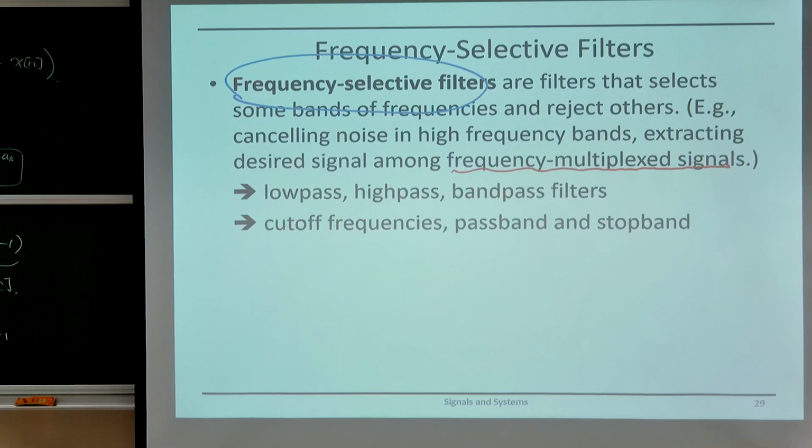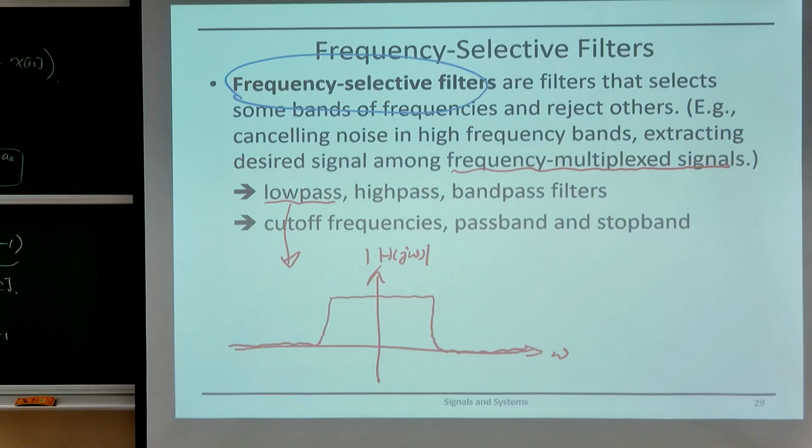Now, you can roughly categorize them into low pass, high pass, or band pass filters, depending on which frequency band you're letting through. For example, a typical low pass filter may look something like this. It may have a magnitude frequency response that passes signals in the low frequency component, I suppose this is omega, and suppresses signals in higher frequency components.